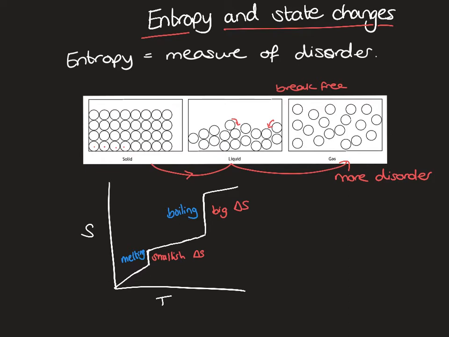If you are comparing state changes in terms of entropy, then if you are moving up from solid to liquid to gas, you've got an increase in entropy. If you're going the other way, so if you were condensing or freezing, then you would get a negative entropy change.